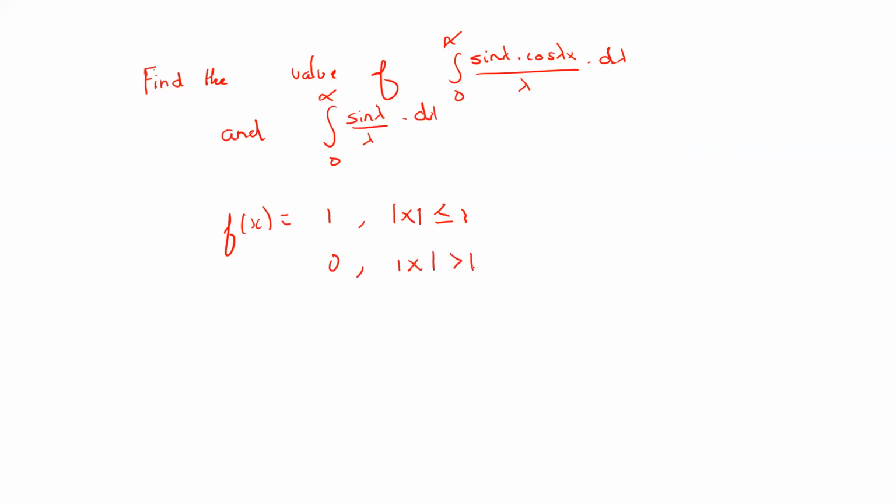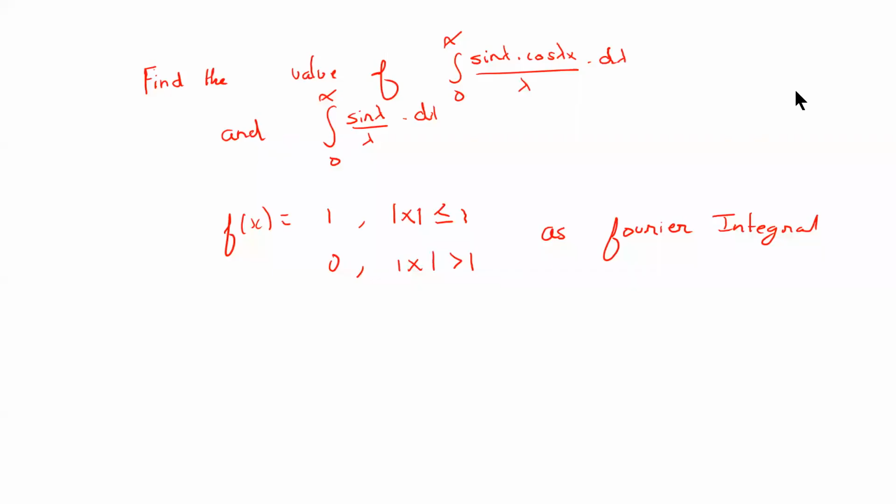We will express this f of x as a Fourier integral, and then we'll find out these values. So this integral is evaluated by using this Fourier integral. We'll see how we go about doing it.